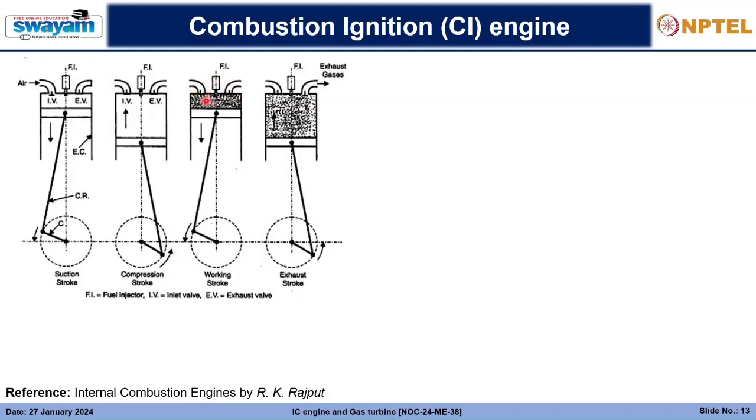Accordingly, this will ignite automatically because of its chemical and physical properties and the huge pressure and temperature inside the system. Due to this combustion, all the gases formed inside will push the piston downwards, and the working stroke will happen. At the end, the exhaust stroke is completely the same as the spark ignition engine.